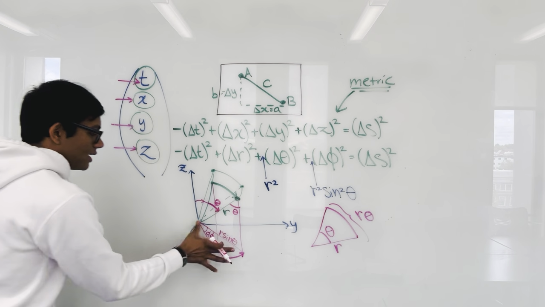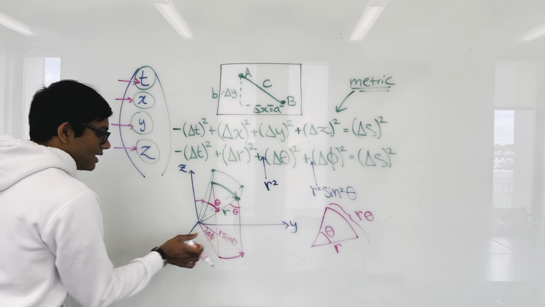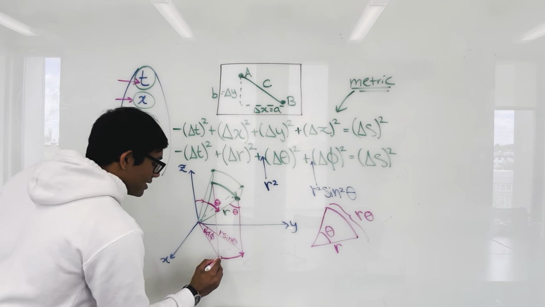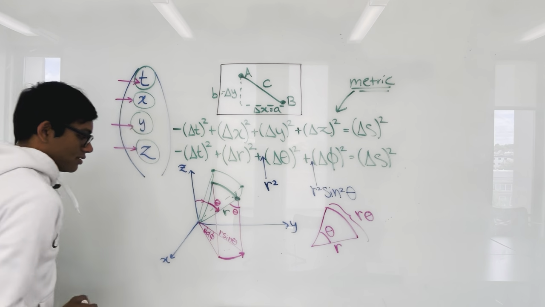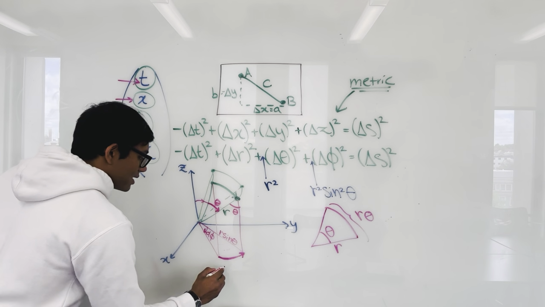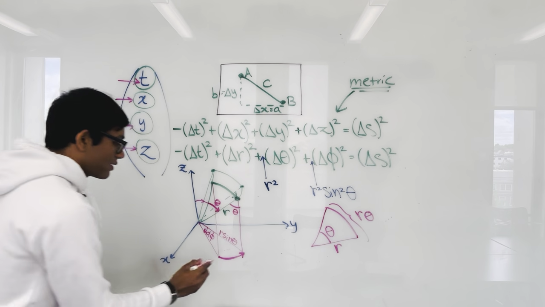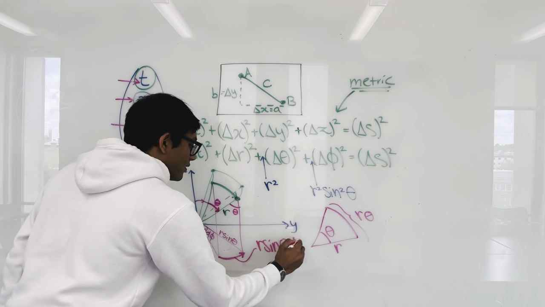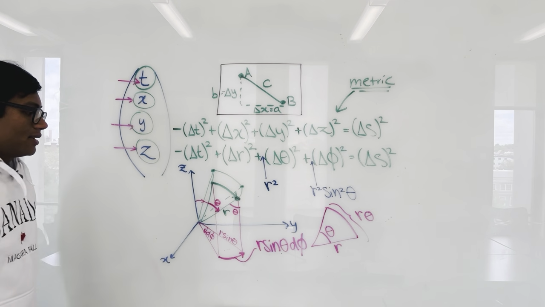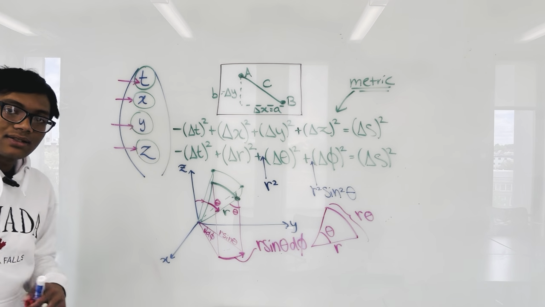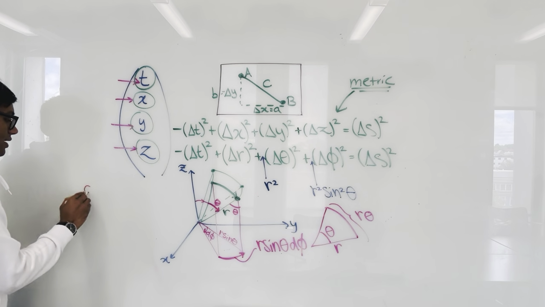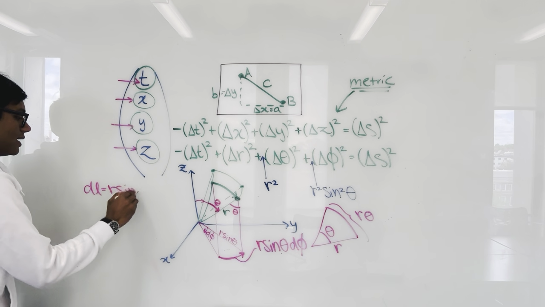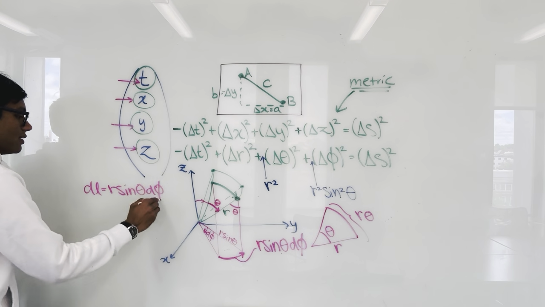Similarly, here we have a radius of r sine theta and an angular step of d phi, so this arc length is simply the product of them: r sine theta d phi. So there you go. That's the answer. A small step in the phi direction is simply r sine theta d phi.